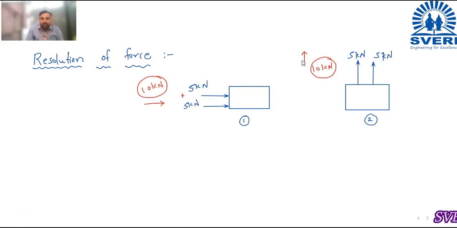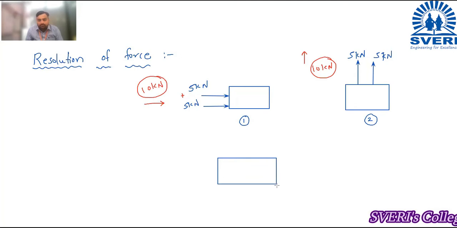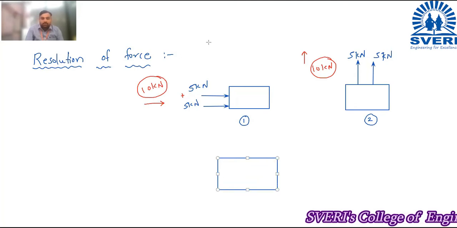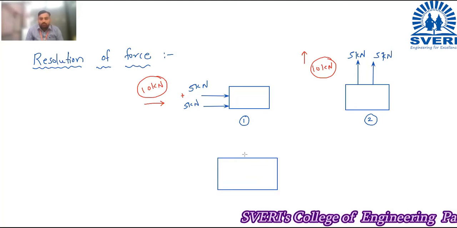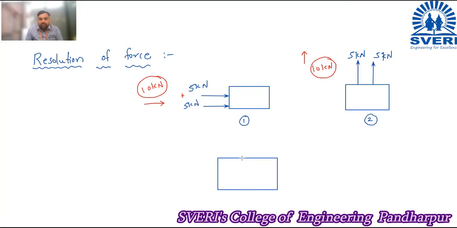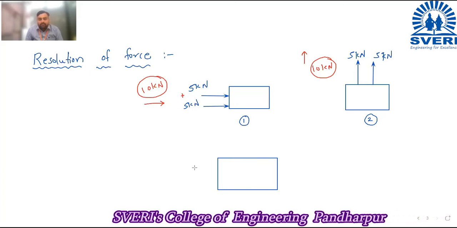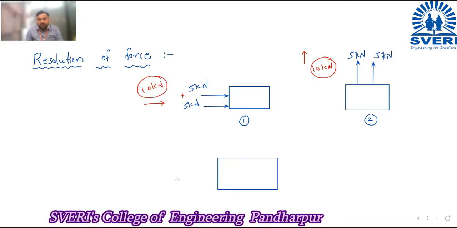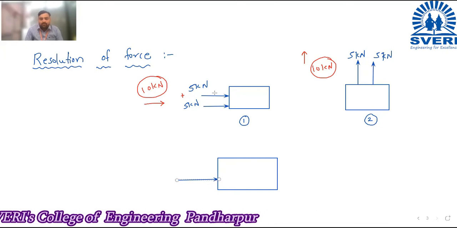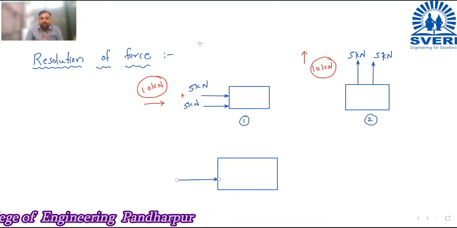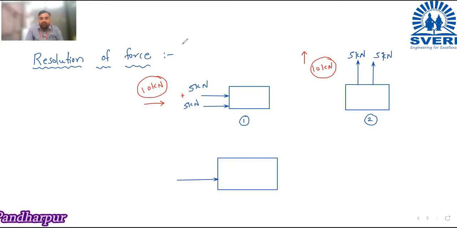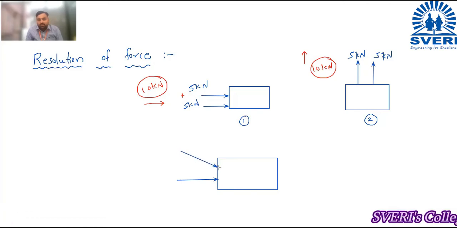Now if I tell you, this is the block. Now on this block, suppose one force is acting in this way, horizontally, okay, and the second force is acting in this way, okay, and I will also give you the angle of inclination.